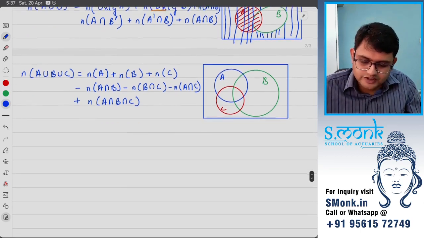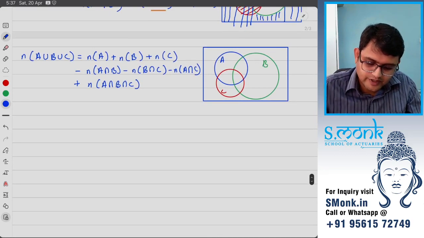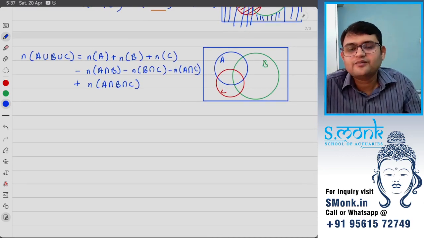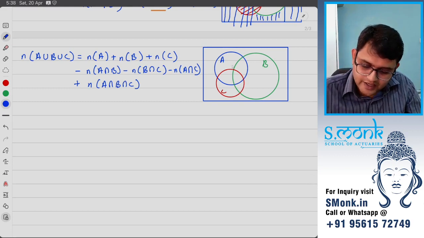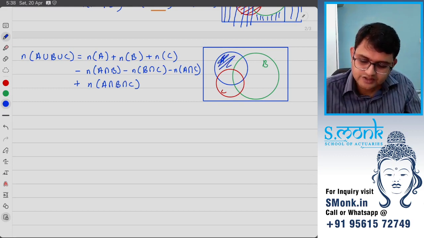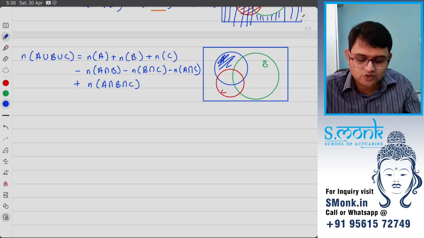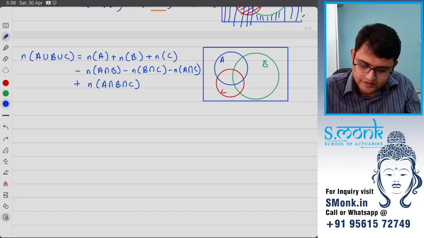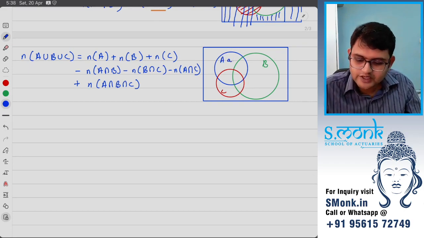I'll talk about the general formula in a minute. But we can also represent this by adding up all the different sections. I will call this section only A and represent it with small a, this with small b, and this with small c.